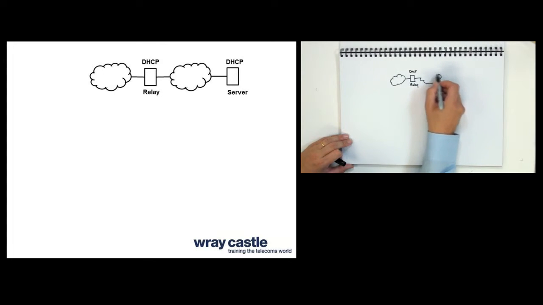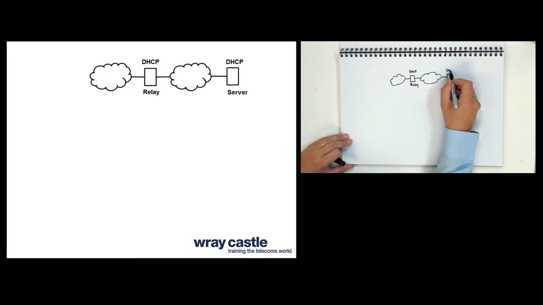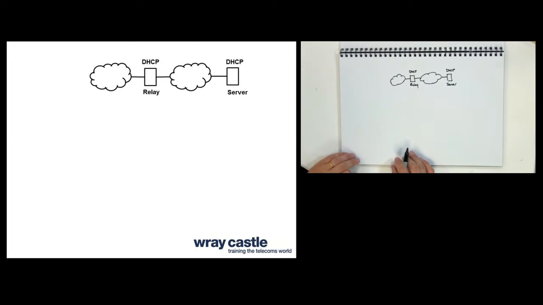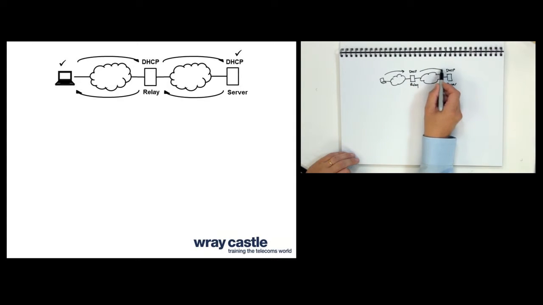And the job of that DHCP relay is to simply forward messages and then forward the replies to and from the DHCP server. So that's the only real addition. These are more or less transparent. They're just simply handling the messages from the local hosts, so they're seeing the normal messages here and then just forwarding them on and then handling the replies coming back through to the end host.